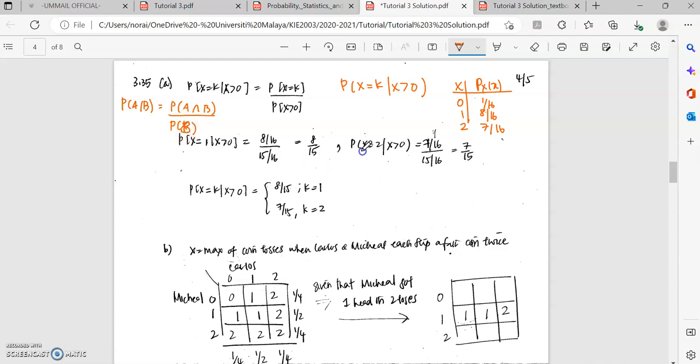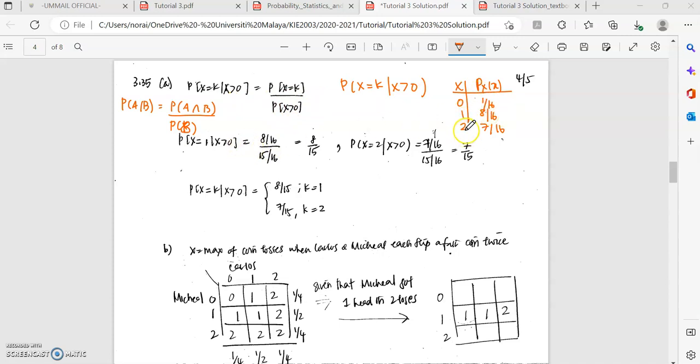So the probability of X intersect with X bigger than 0. The outcome for X is 0, 1, and 2, right? So for the probability of X intersect B, which is X bigger than 0, there are two cases, which are 1 and 2.